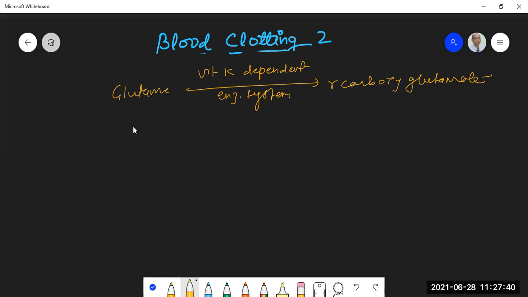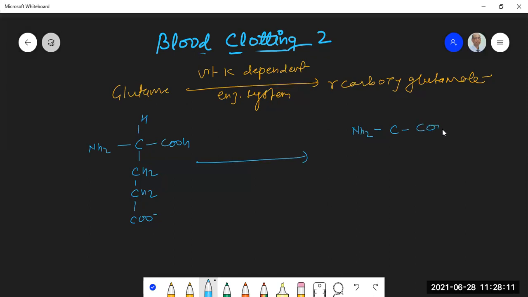This glutamate structure, if you have to draw, let me draw a structure for you. This is glutamate and this is converted to gamma carboxy glutamate, means so you have C, this is called as gamma carboxy glutamate.